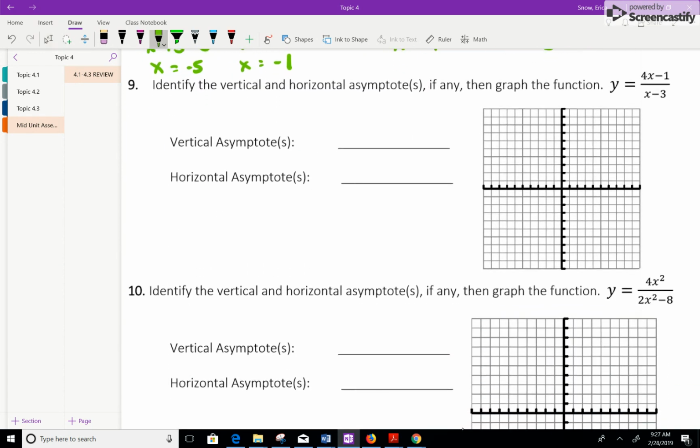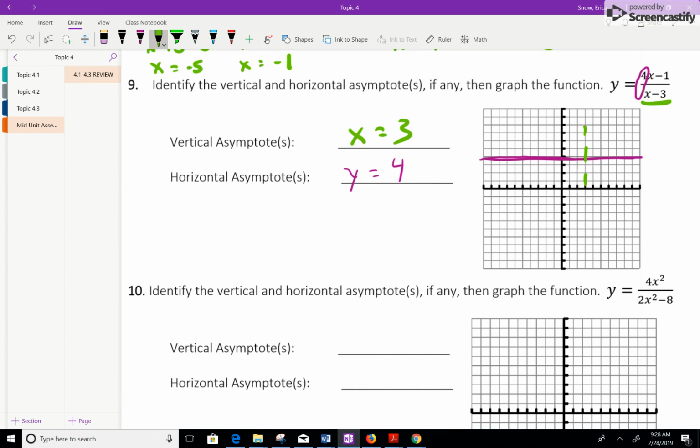Number 9, identifying the horizontal and vertical asymptotes and then graphing it. So I'll start here with my vertical asymptote is going to be at x, son of a biscuit, x equals 3, and our horizontal asymptote is going to be at y equals 4. So there's our horizontal asymptote, which you should draw as a dotted line.